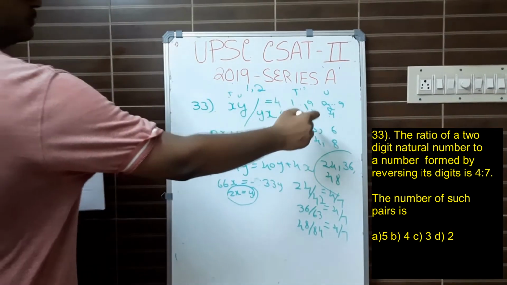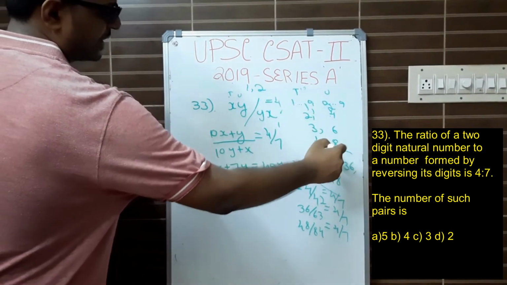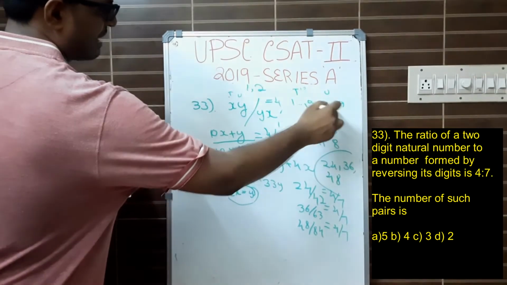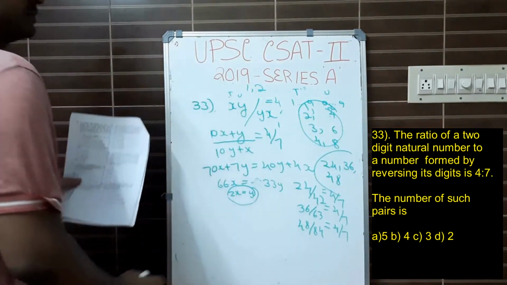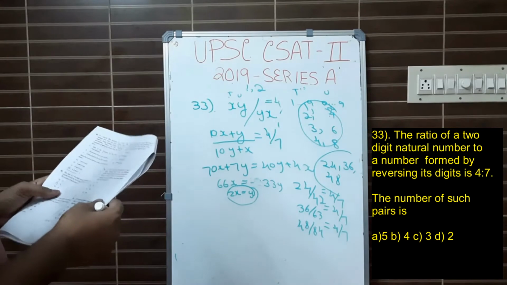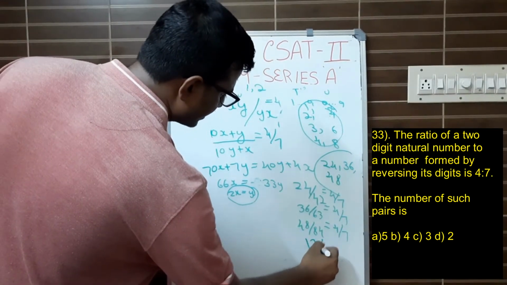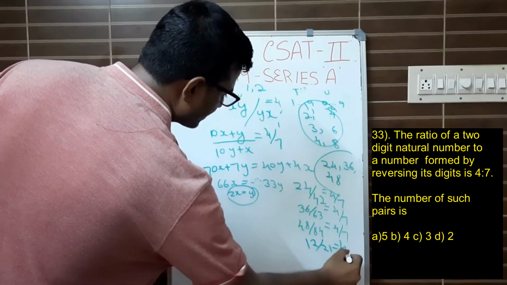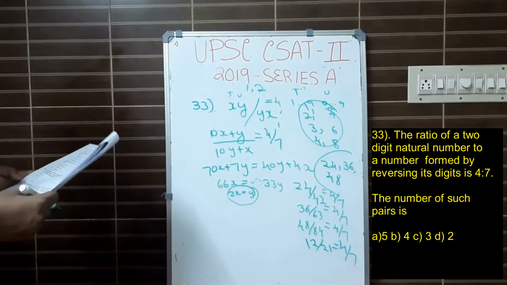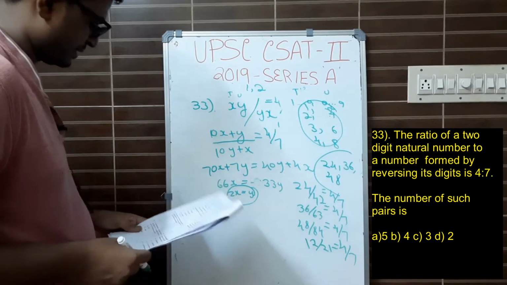So we have 1, 2, 2, 4, 3, 6, 4, 8. We can't have 5, 10. So we have 4 pairs. Even 12 by 21, the first one, will give you 4 by 7. So option B, 4 is the right answer here.